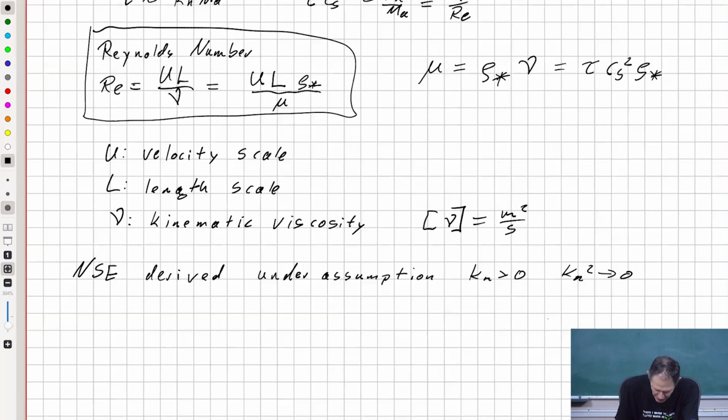So our observation here is we have Knudsen numbers that is small but finite.